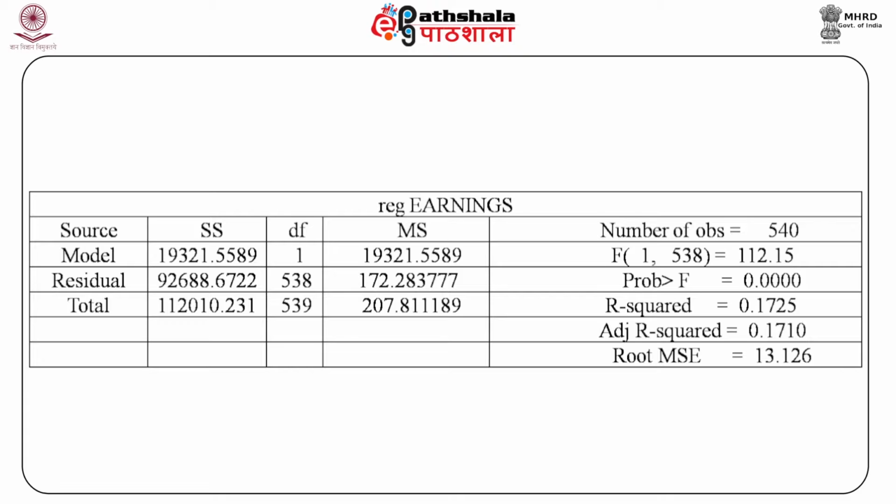It gives us the source of variation, sum of the squares of variations, SS, degrees of freedom, and mean sum of the squares, MS. So you have a lot of output here, which gives you different information, including the number of observations, the F statistic, the probability of this F statistic, R squared, adjusted R squared, and root mean square error, or root MSE.